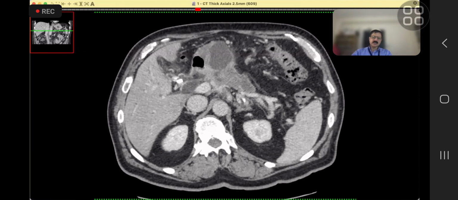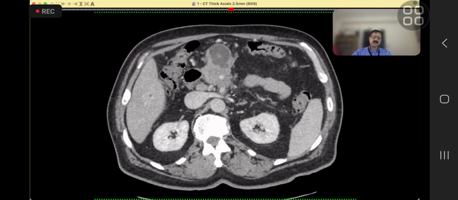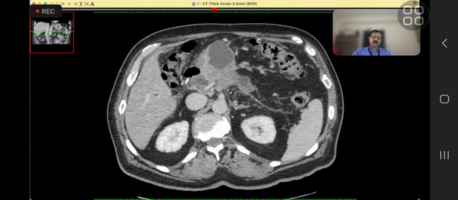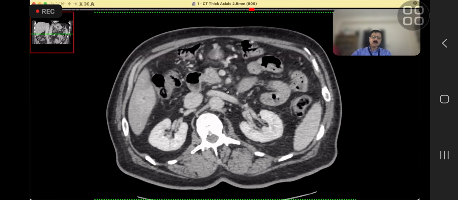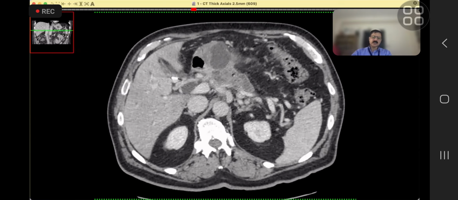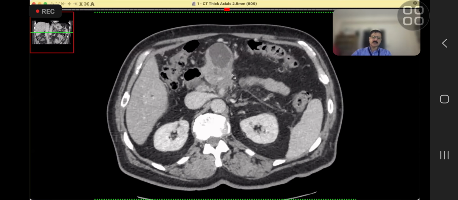And then if we go slightly more inferiorly, this is the SMA. Always comment on the SMA. In our case, the SMA is not involved. Then look at the CBD. Actually, double duct sign was mentioned. I think everything is replaced by the tumor.